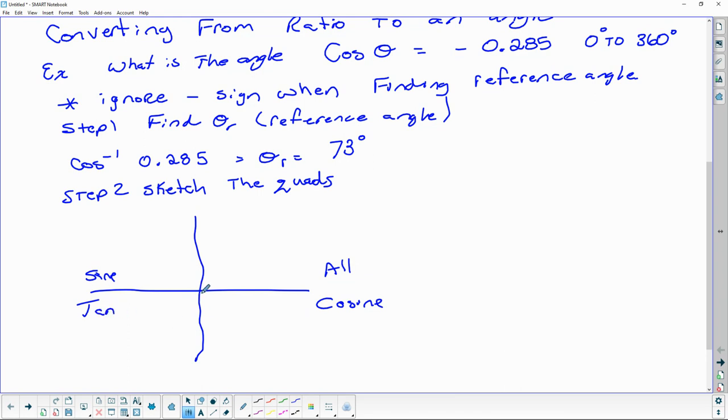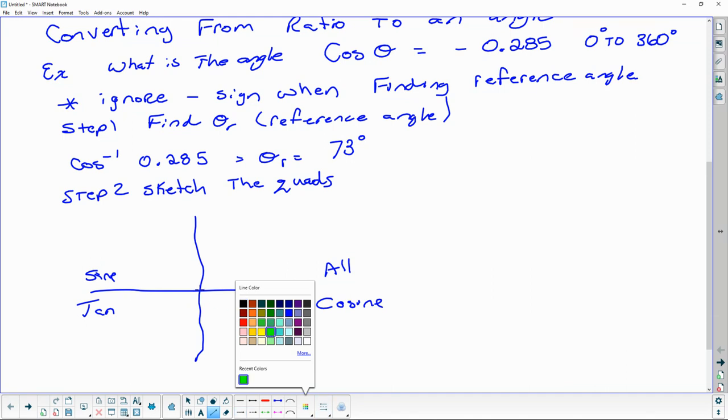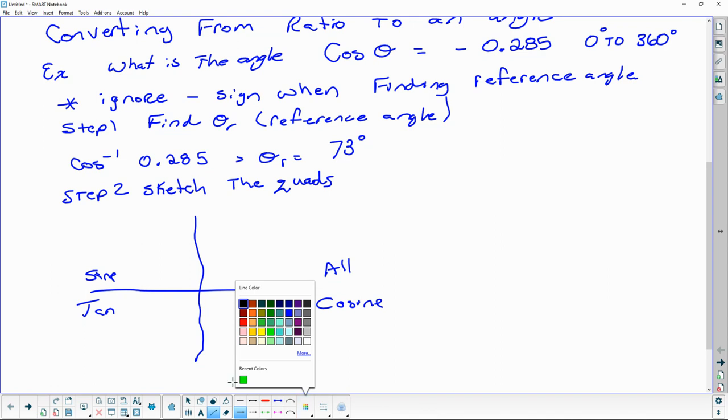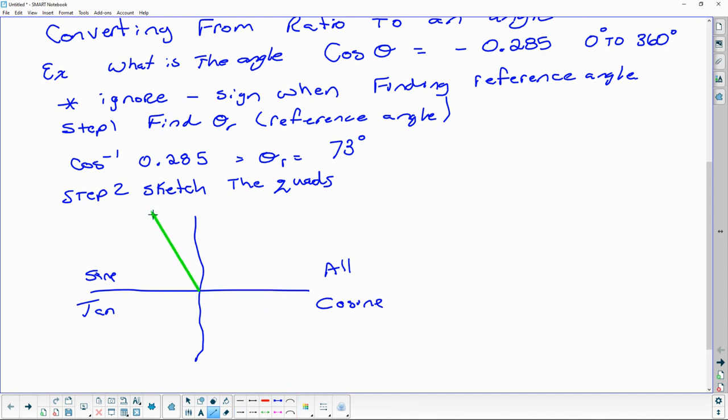So now we know that our reference angle is going to be here. And I'll draw these with an arrow. And let's use this limey green here. Okay, so the slimy green. So I'm going to make a 73-degree angle.